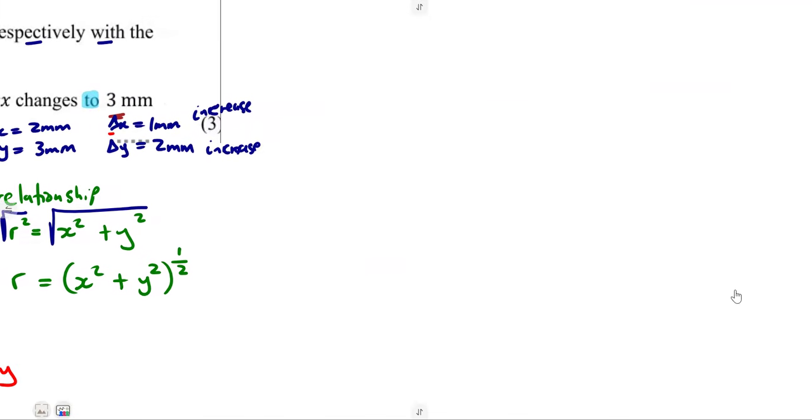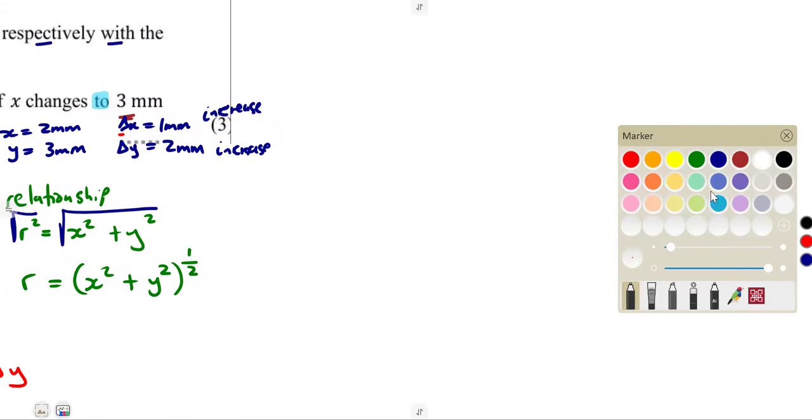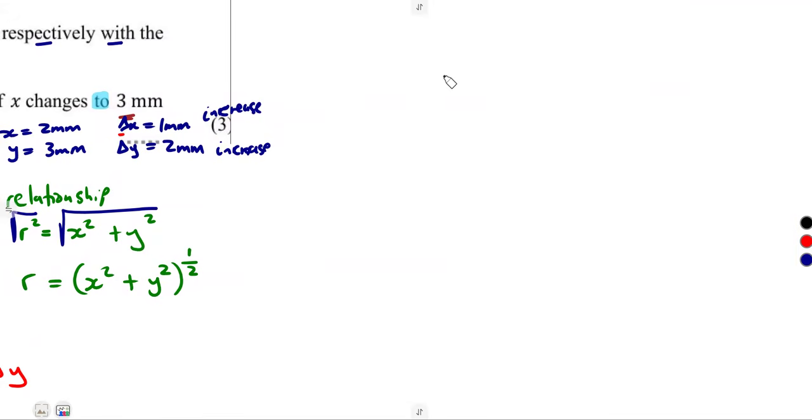So let us just try to have our derivatives here, from this R, which is equal to x squared plus y squared to the exponent of a half. Remember our chain rule.